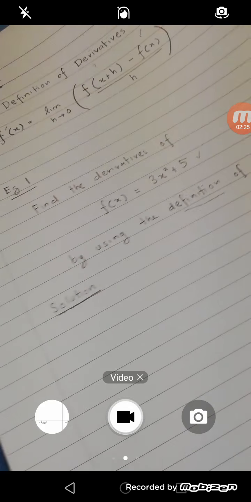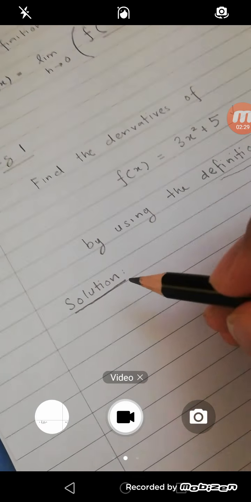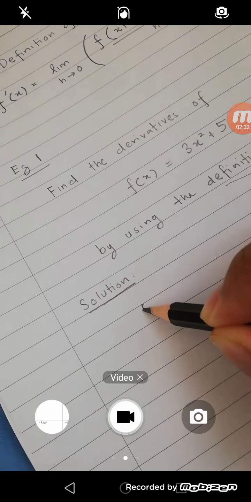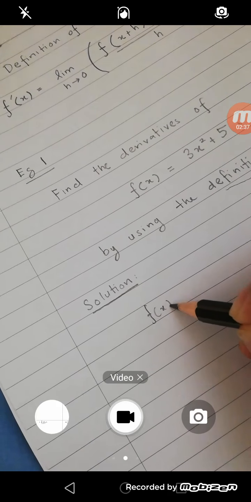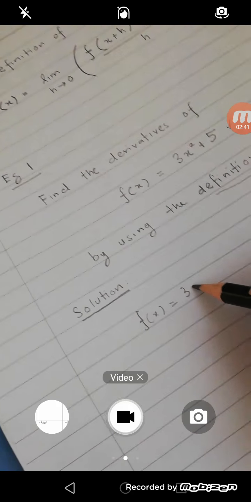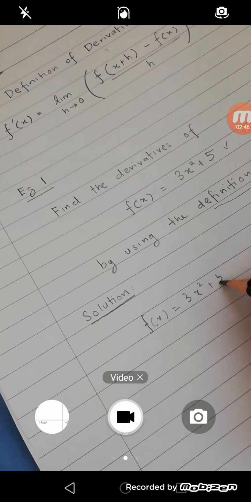So the information provided is f(x) equals 3x to the power of 2 plus 5.